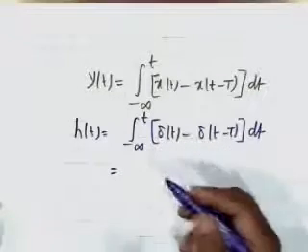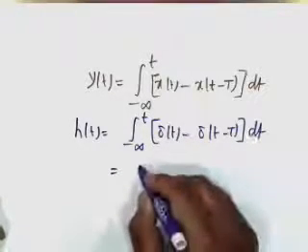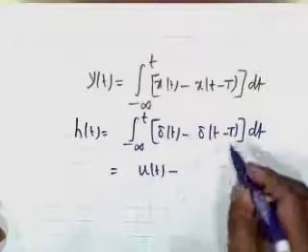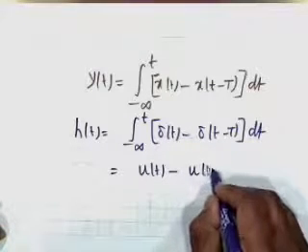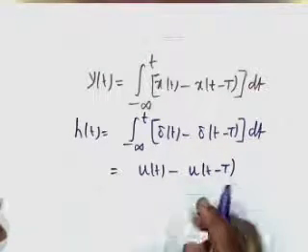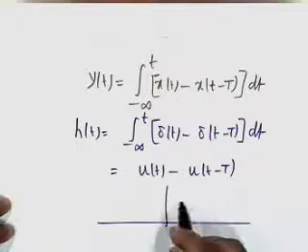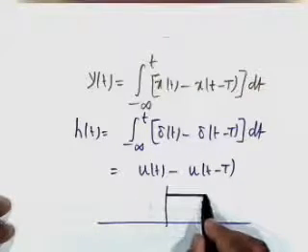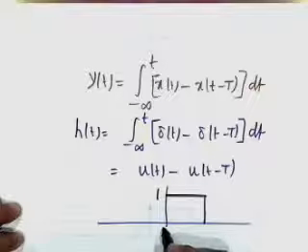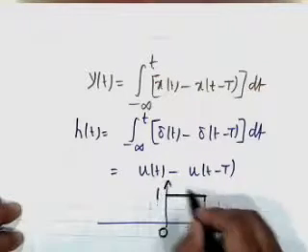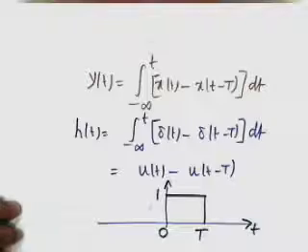The integral of delta t is u of t, and the integral of delta t minus T is u of t minus T. So it's simply a gate function which exists from small t equal to 0 to capital T. This is 1, 0, capital T. This is h of t versus t.